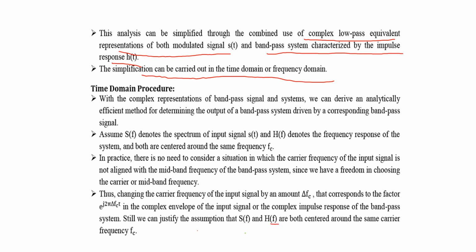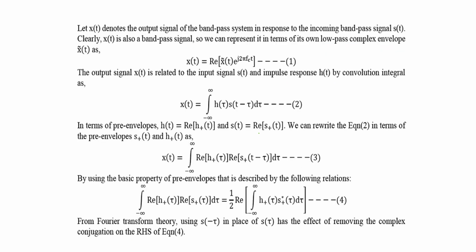That is S(f), and both are centered around the same carrier frequency Fc. Next, what is x(t)? x(t) is the outcome of the system, which has the bandpass signal as well as the bandpass system.